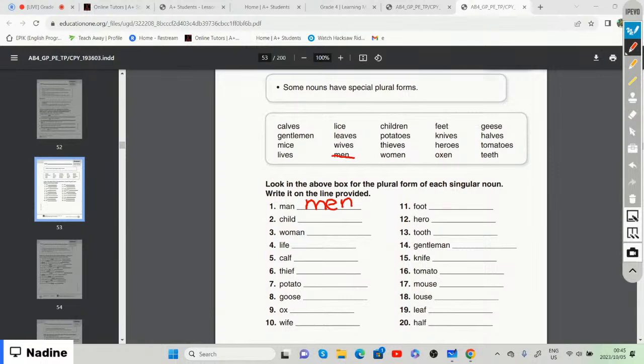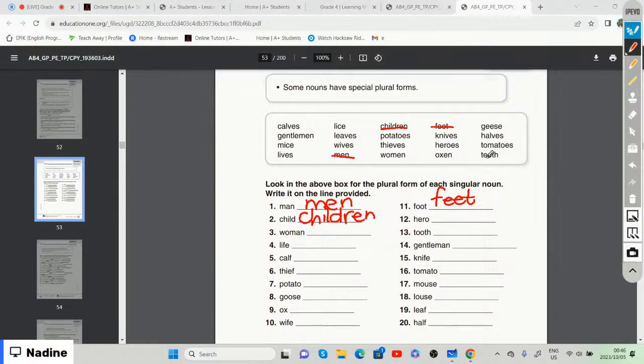One child, two or more, children. And we'll do one more. One foot, and then more than one, feet. So we're only going to do those three.